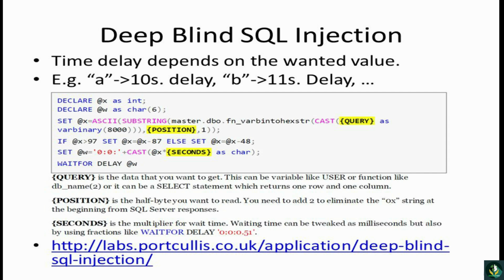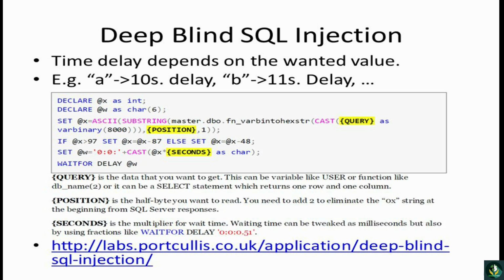This shows how to declare and set integer, character, and position. Query is the data that you want to get, and this can be a variable like user or a function like db_name, or it can be a select statement which returns one row and one column. Position is the half byte you want to read.